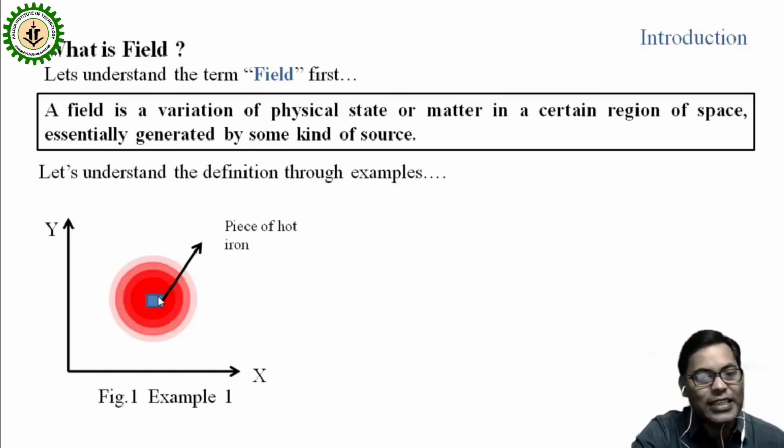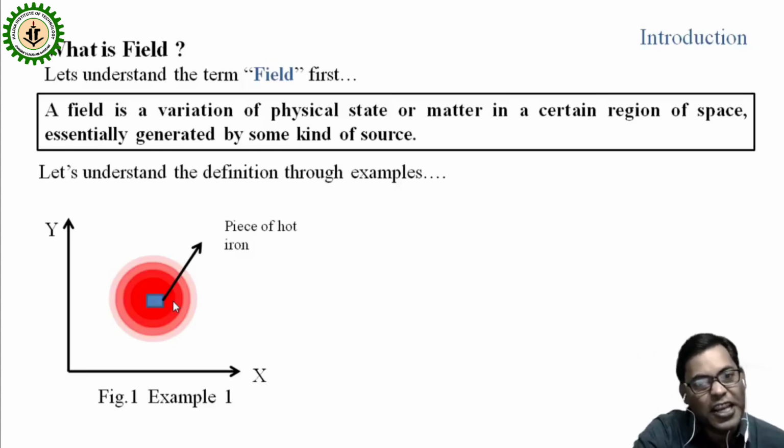gradually decreases. So, from this example, if we try to see the definition of the field, then we will understand what is field. You can see that the field is the variation of physical state. Here, the physical state or matter is the temperature, which is varying. If we move away from the piece of hot iron, then the temperature will decrease.